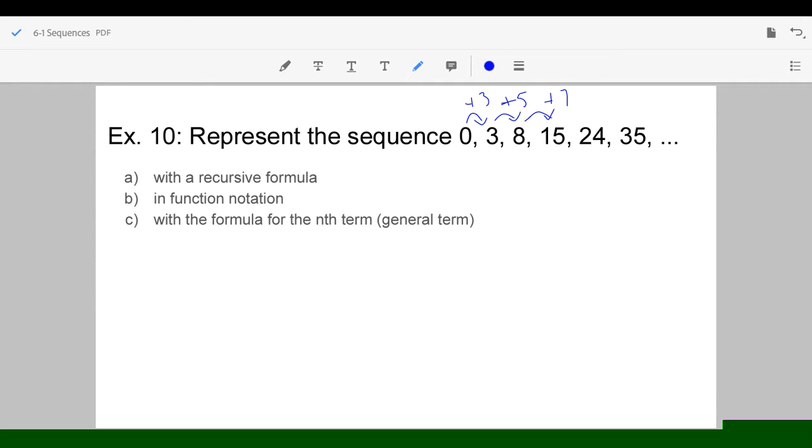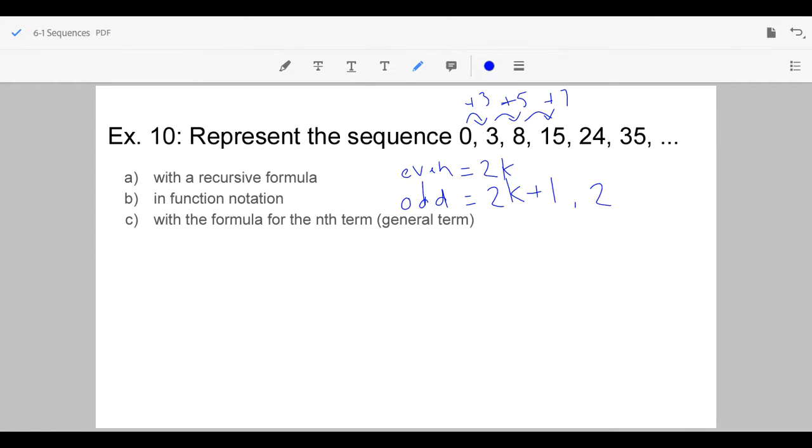And we know that in general, we can generate any even number by having 2 times, let's call it k, or we can get an odd number by doing 2k plus 1 or 2k minus 1.